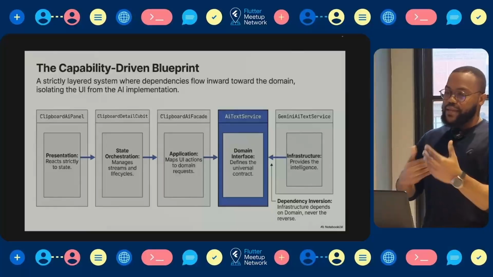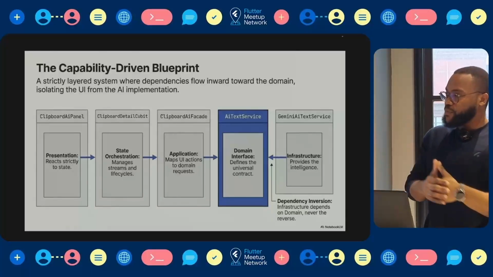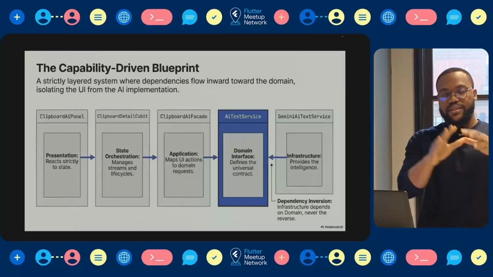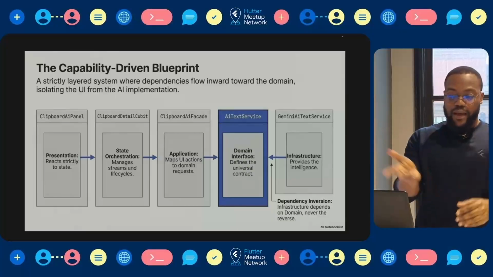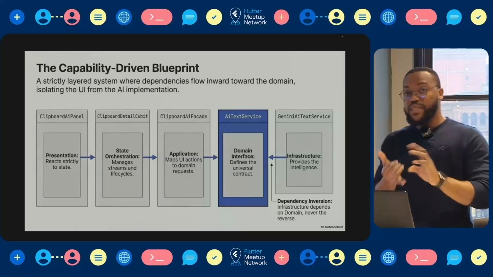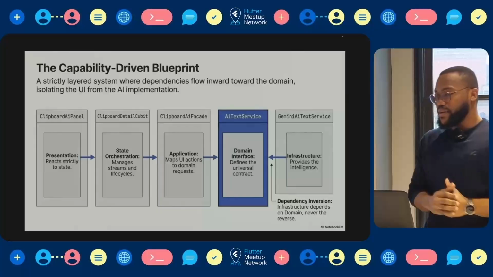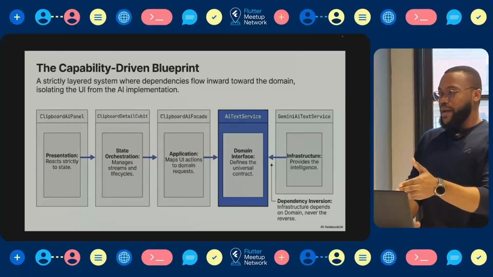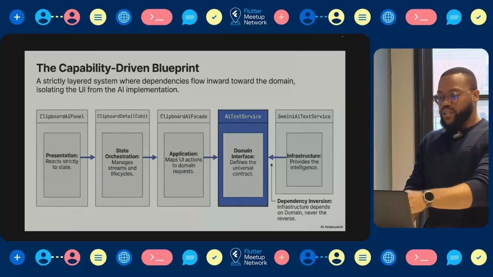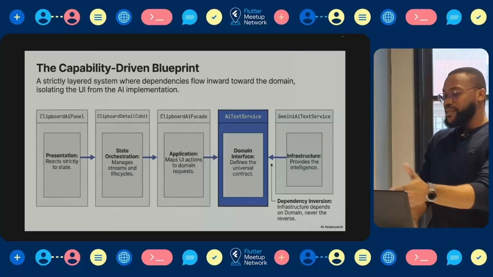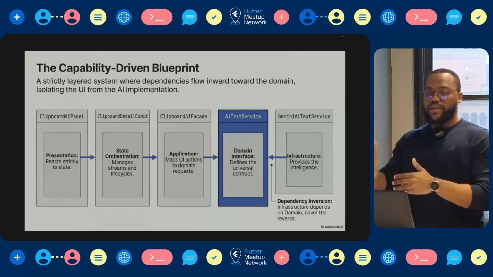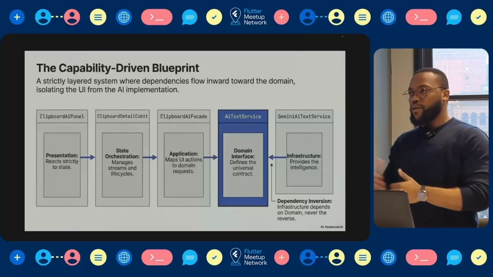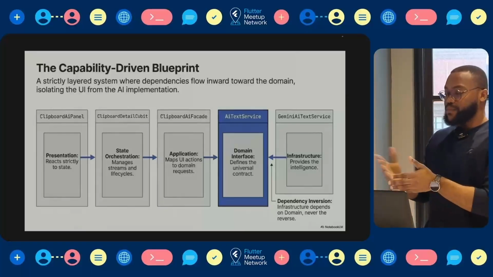So users interact with the clipboard AI panel to perform a set of actions, like I've said before, explain, summarize, translate. Now I have my clipboard detail qubit. This is my orchestrator, my state management here. It manages the life cycle of an AI response.